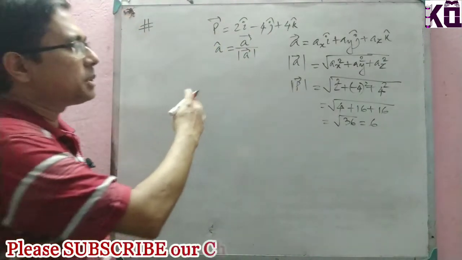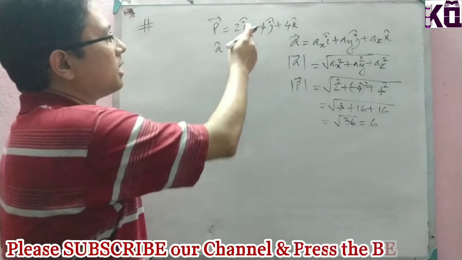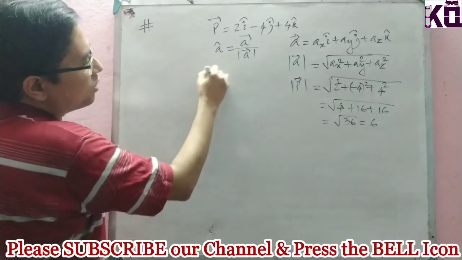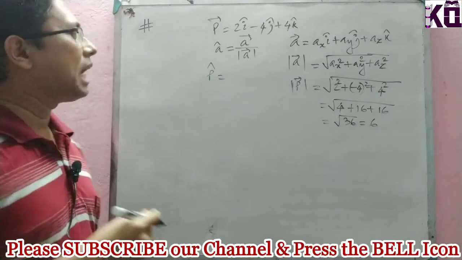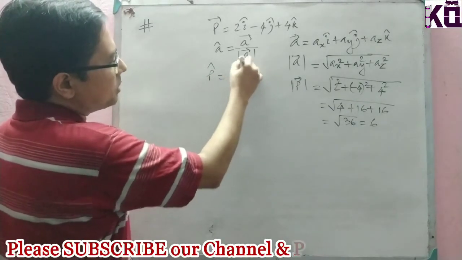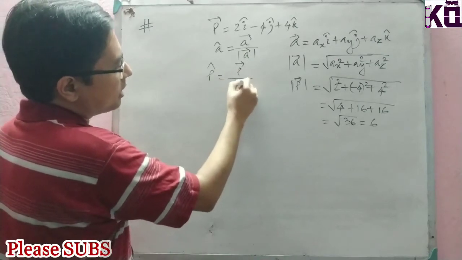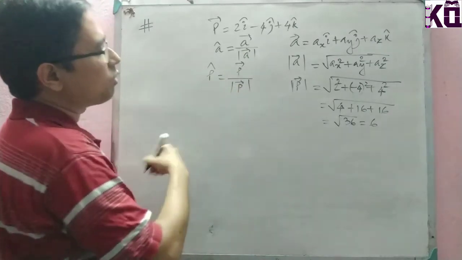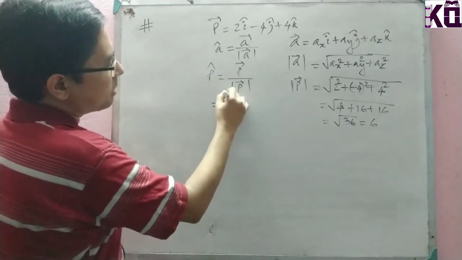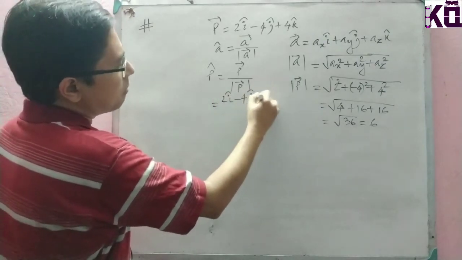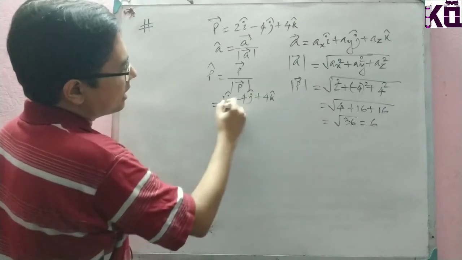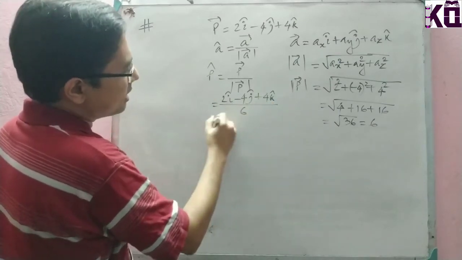When the magnitude has been identified, then the unit vector in the direction we are taking is P hat. P hat means the P vector divided by the magnitude of P. So we can write 2i minus 4j plus 4k, and whole divided by 6.